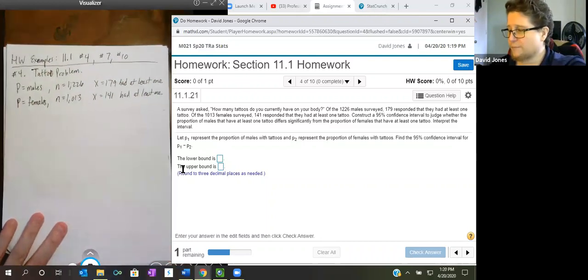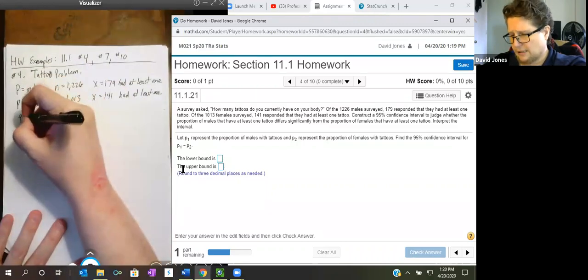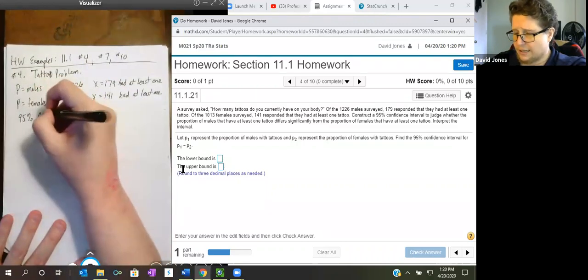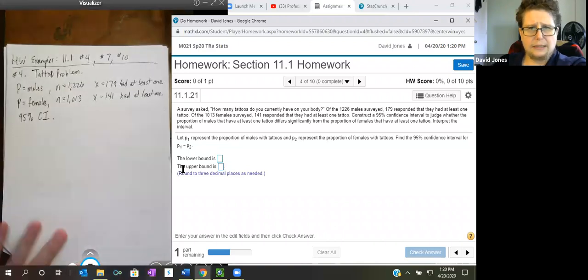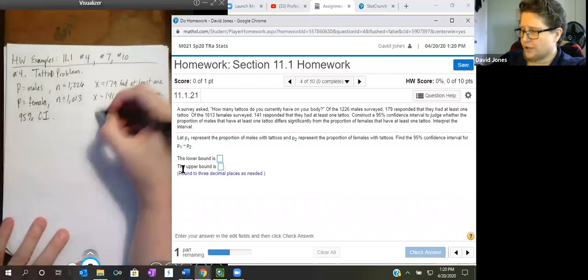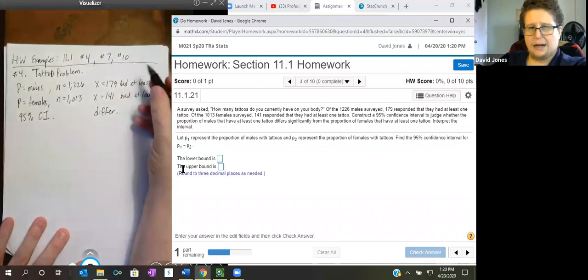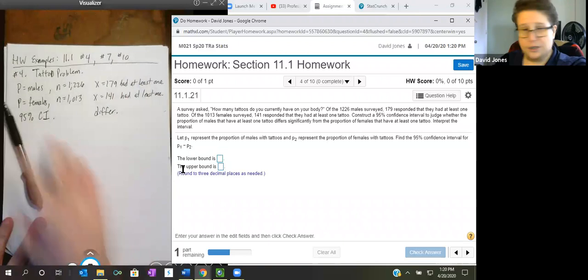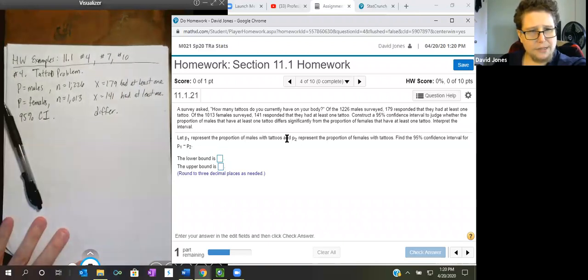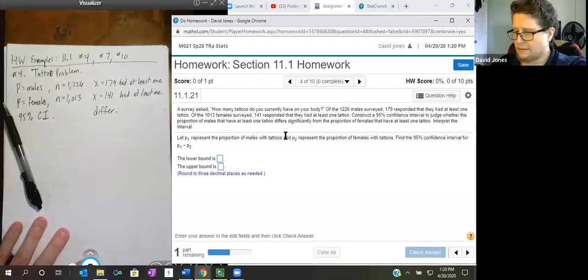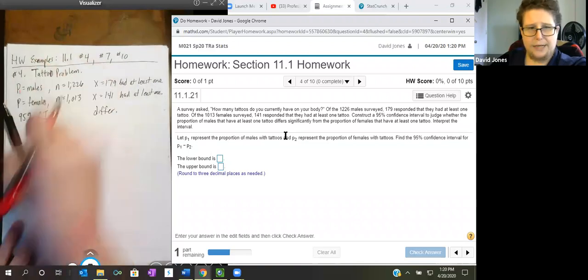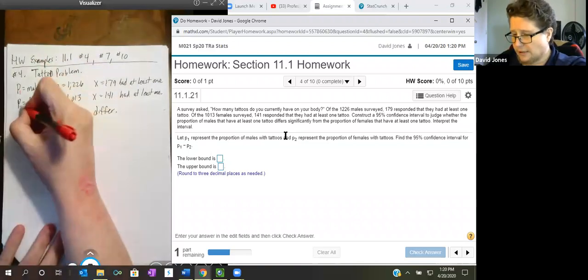Construct a 95% confidence interval. So that's what they want. Whether the proportion of males that have at least one tattoo differs significantly from the others. So they went with differ, and they even tell me what to use. Let P1 represent the males, that's nice. And P2 represent the females.